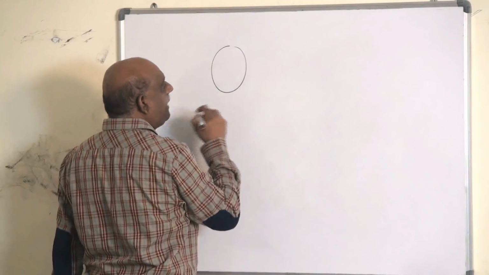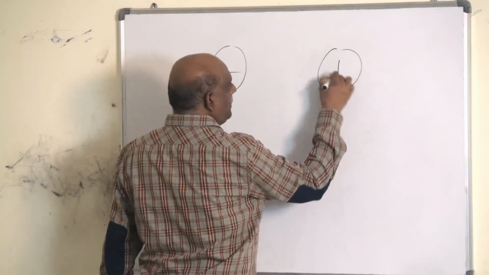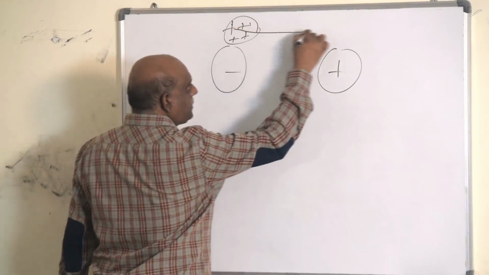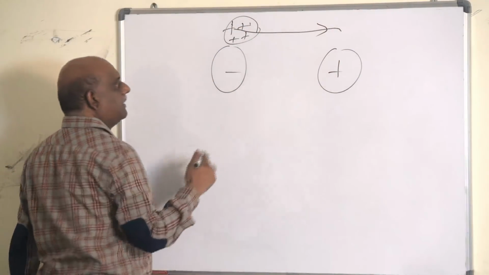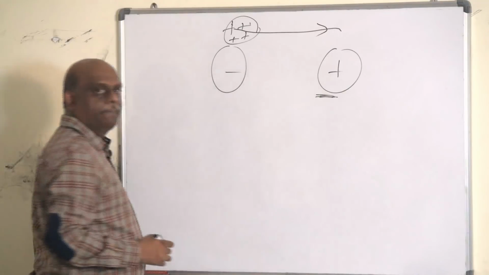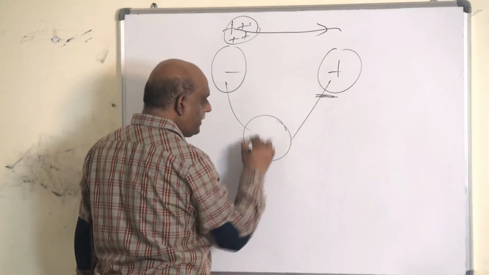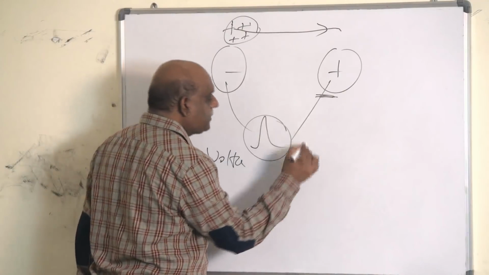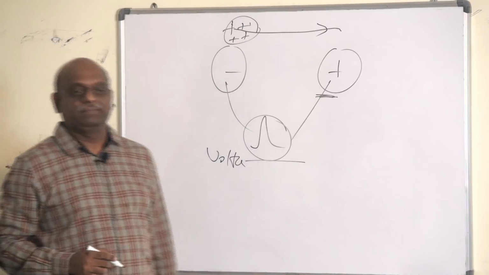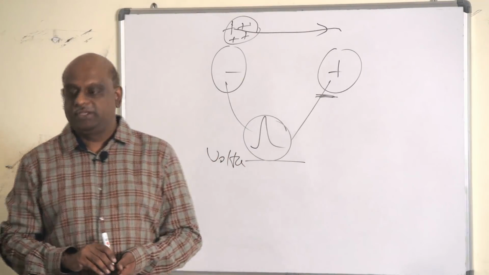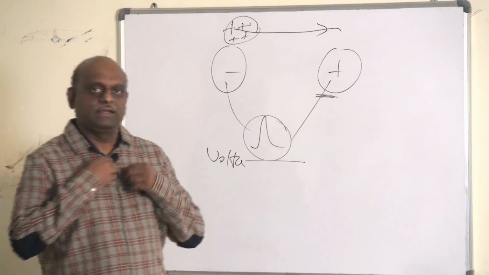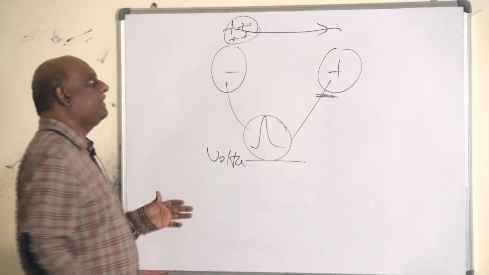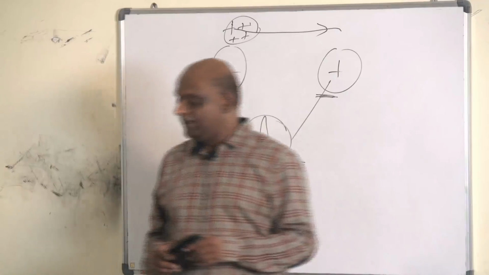So if you have a negative electrode and a positive electrode, and the charge is traveling towards the positive electrode, if you connect it to a voltmeter, it typically shows a positive deflection. This is what our physics teacher has taught us.